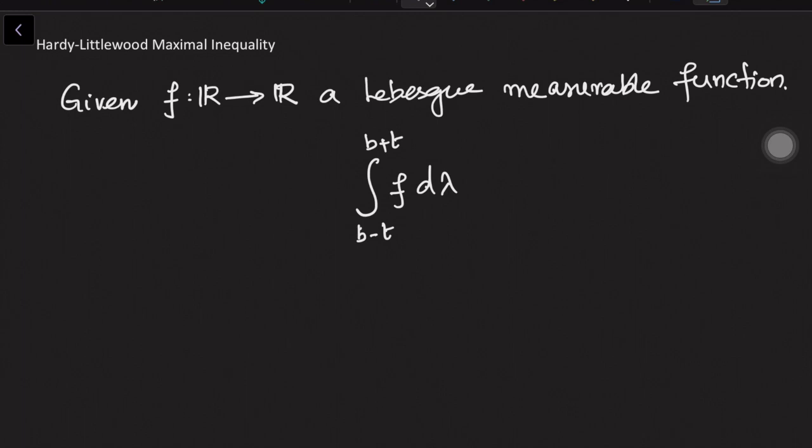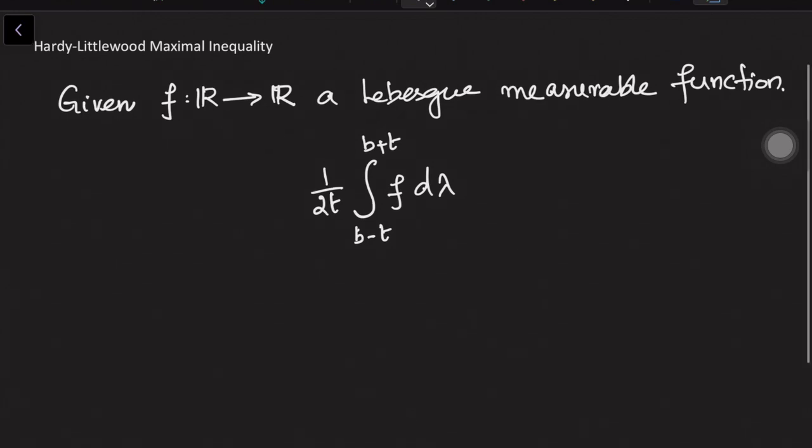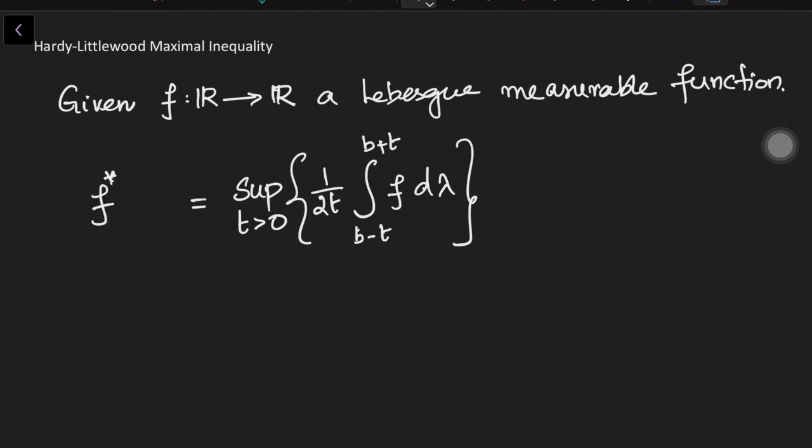Integrate the function between b minus t and b plus t, and the length of the interval that we are evaluating is 2t, so divide by the length, and hence it is the average value of this function in the interval b minus t to b plus t. And now take the supremum over all such positive t. We denote this by f star of b, and this is defined for any b in R.